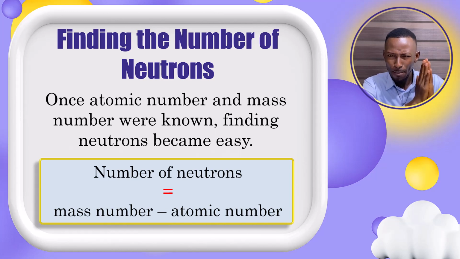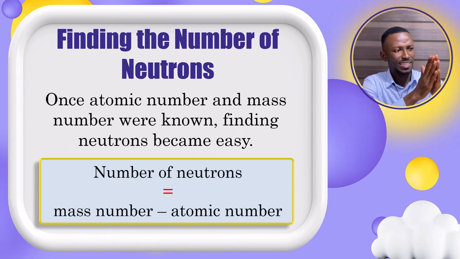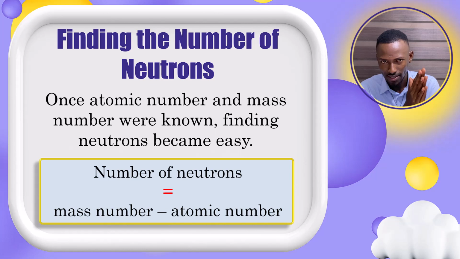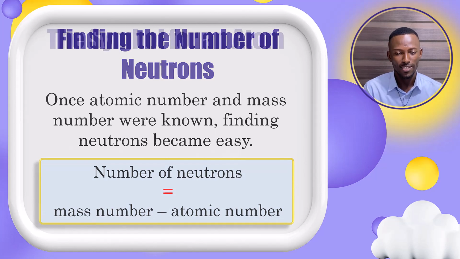Why? Because the mass number means that you are adding the protons and neutrons. And then the atomic number means the number of protons. So if you take the number of protons from the mass number, you end up getting the number of neutrons. We'll pick some questions and you'll get to understand that better.